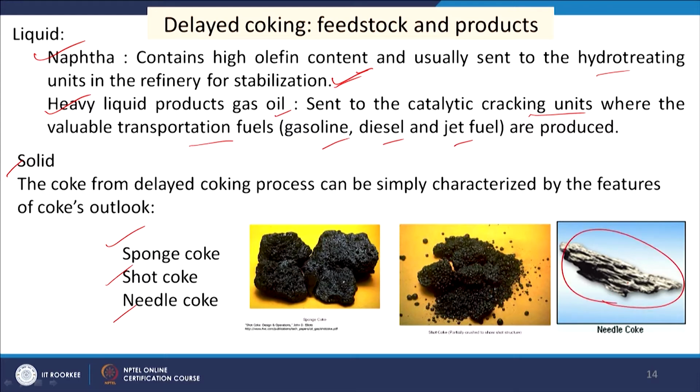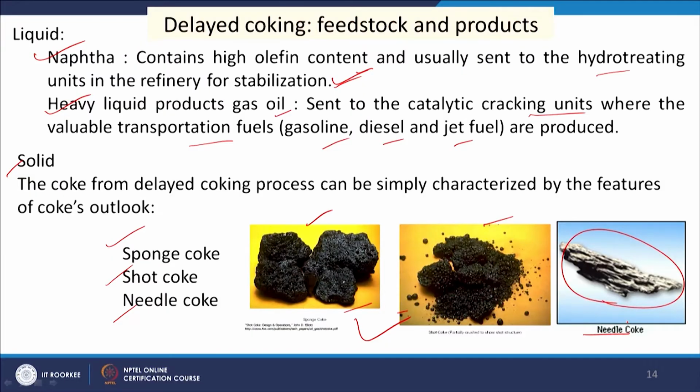This is a crystalline structure, whereas in shot coke and sponge coke we are not getting any crystal structure. This is sponge coke, with a spongy appearance, and this is very small particles we are getting for shot coke. Among these three types of coke, sponge coke and shot coke are not of that high quality, and those can be used for the production of electricity in combustion or in a gasification plant.